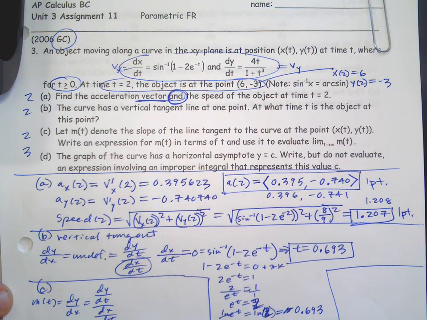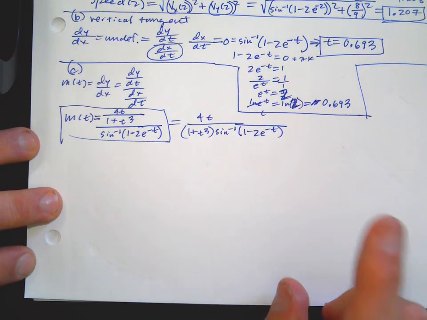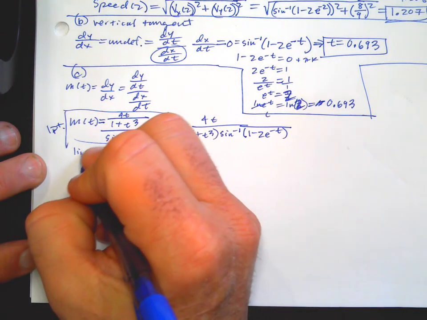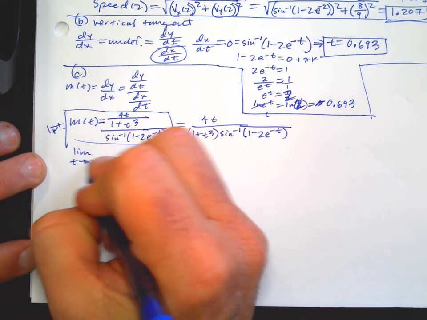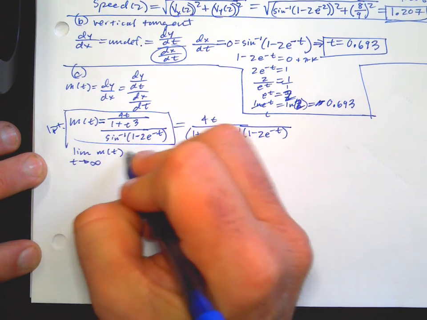This isn't necessary for these points. You might end up, maybe it'll be helpful for some of the work you're doing. But that's a point. And then we're going to take the limit as t goes to infinity of m(t).